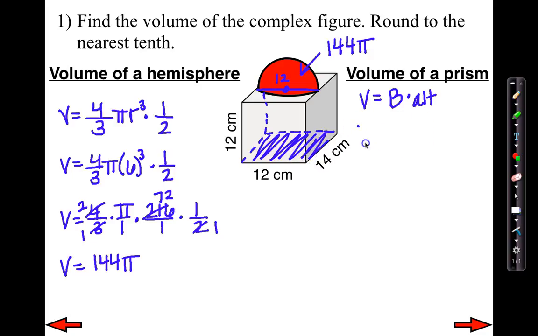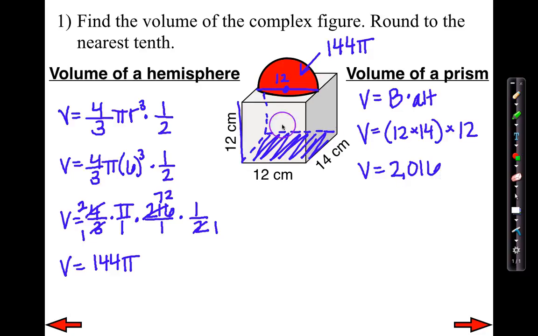So the volume equals 12 by 14, and then how tall is it? Well, the altitude is 12 centimeters, so I'm going to multiply by 12. So here the volume is 12 times 14 times 12. I am permitting you to use a calculator, so let's plug that in. That is going to give me 2016.